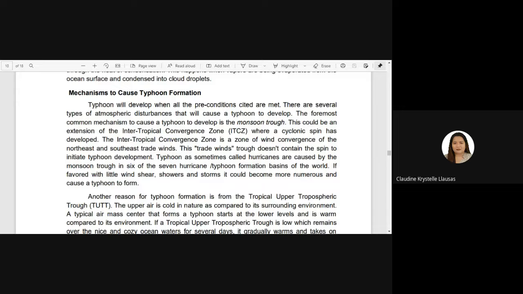Do you know that most typhoons are produced near the Philippines? Yes or no? Yes. Do you know that? Nganong daghan bagyo sa Pilipinas? Kay duol ta sa Pacific Ocean, the largest ocean of the world, and where most of the typhoons are developed.